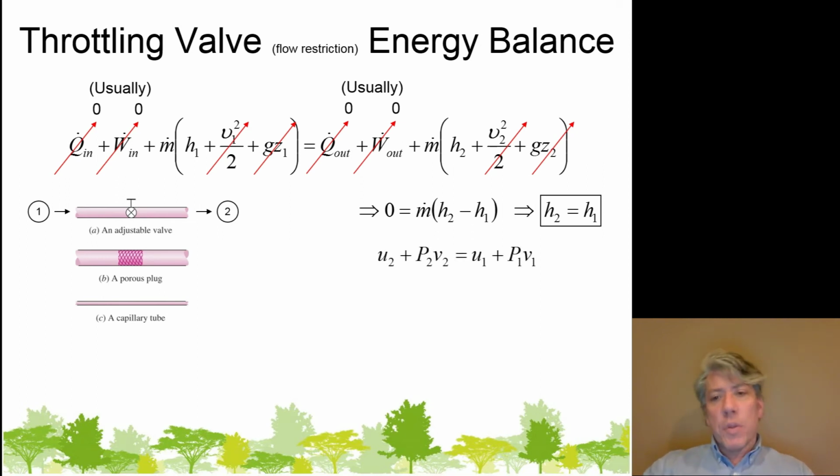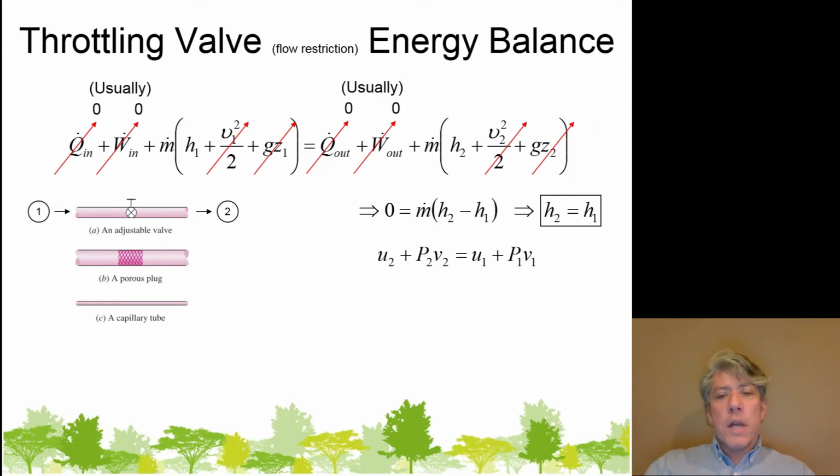Well, remember the enthalpy consists of two parts. There's the thermal energy piece, which is kind of like the temperature, and then there's the flow energy piece, which is kind of like the pressure. Well, one goes up while the other one goes down, doesn't it? You might say, well, wait a second, both the temperature and the pressure drop at state 2, so how can you say that at state 2, one of them has gone up?